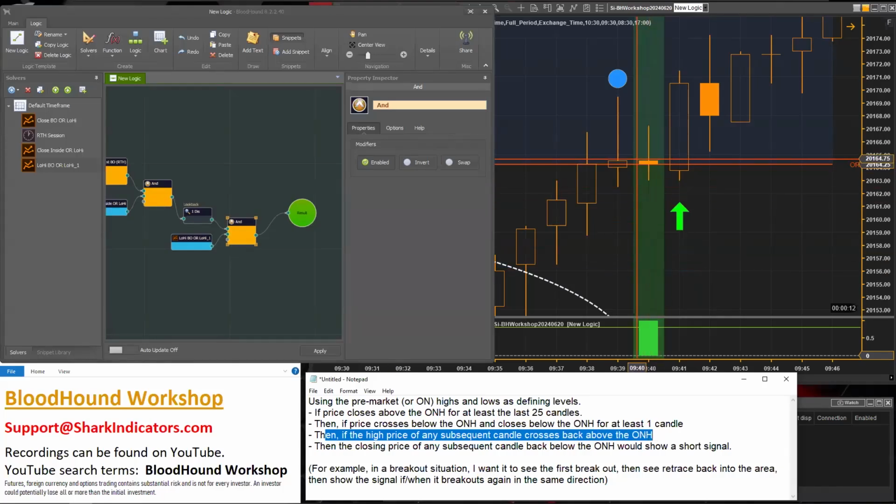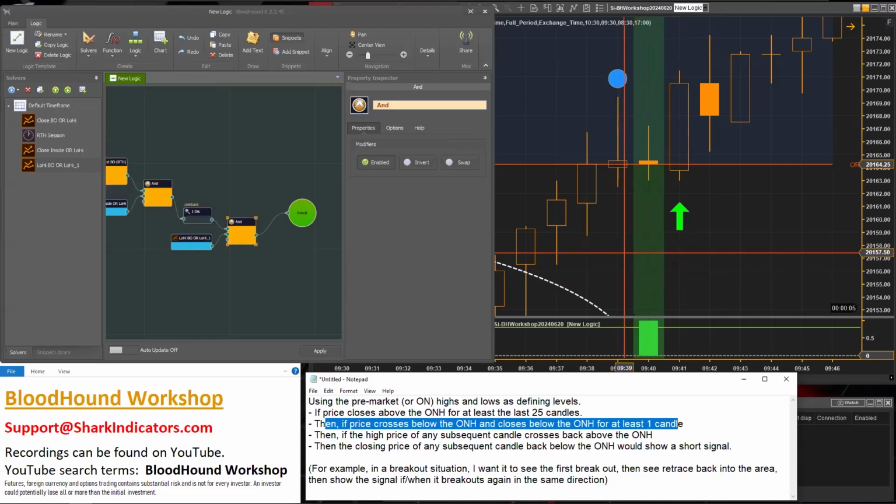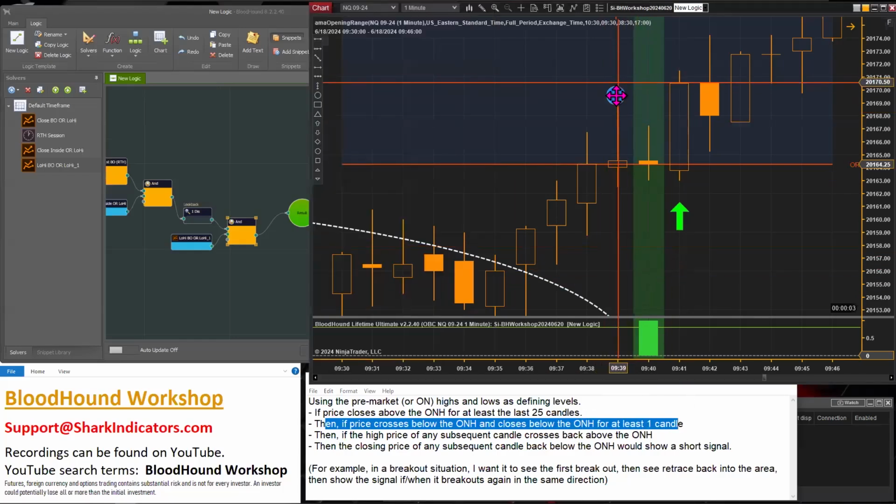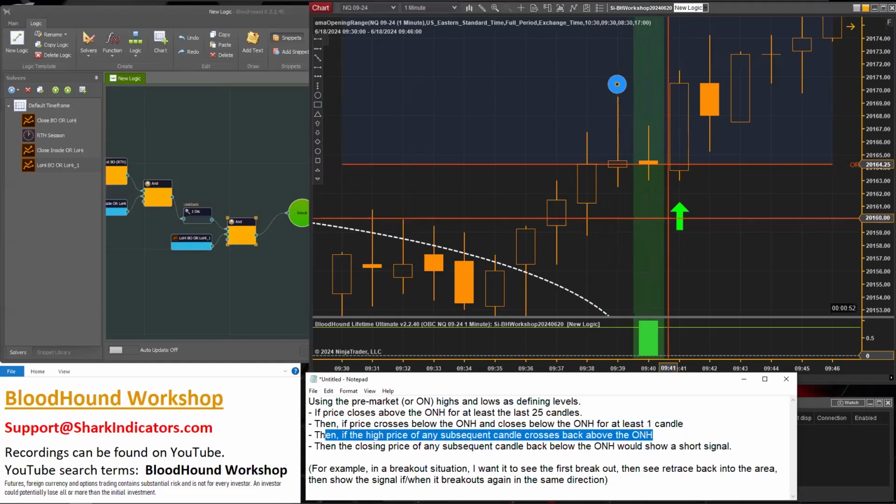So let's back up here. This is this candle here. We have the bar closing back inside the range, and then this is the wick right there, that wick breaking outside the range again.